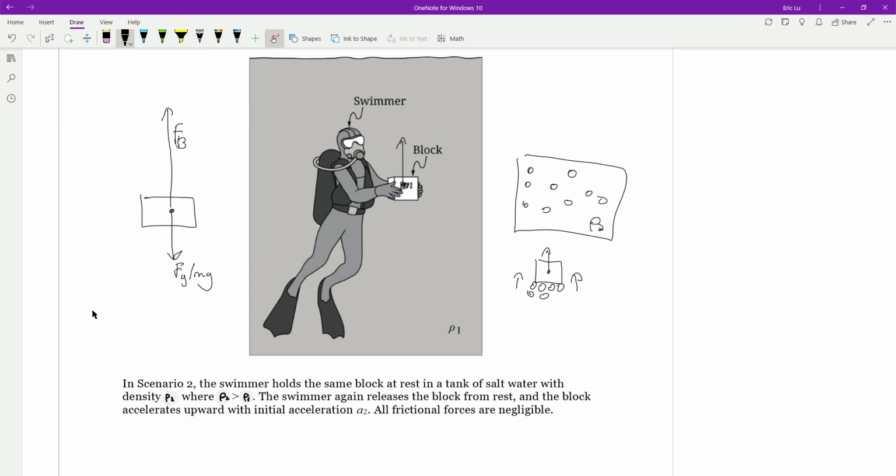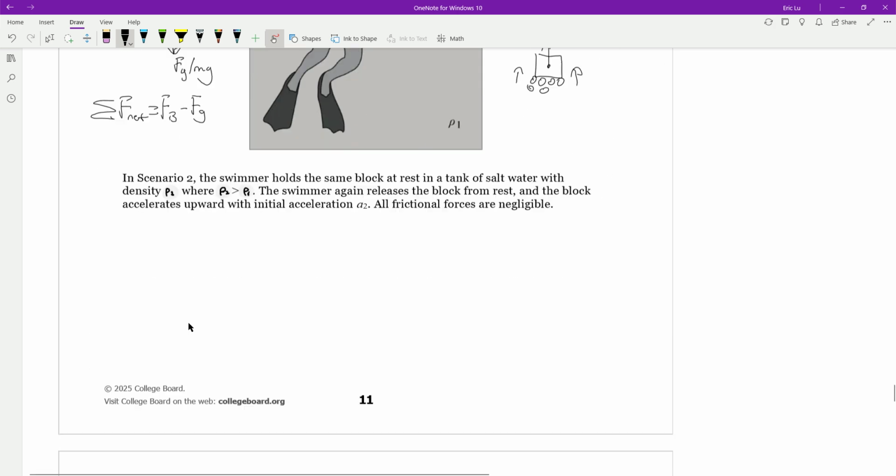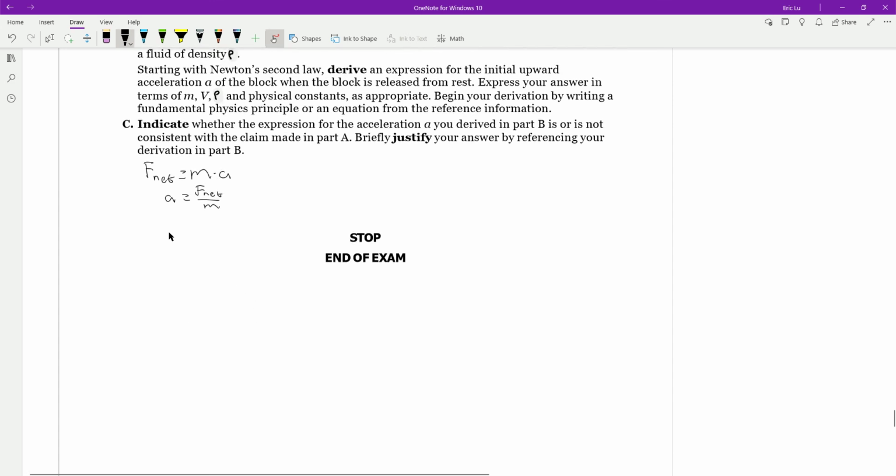So now we can do the sum of all forces. The net force would be equal to, let's call the upwards direction the positive direction and the downwards direction the negative direction, Fb minus Fg. We could put that in here. a equals Fb minus Fg over m. And what is the force for buoyancy?